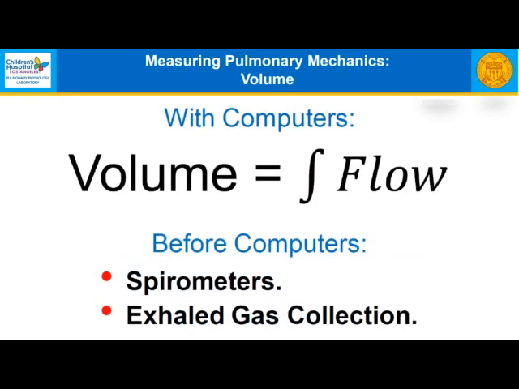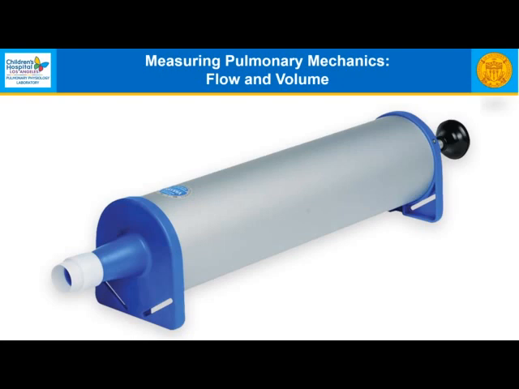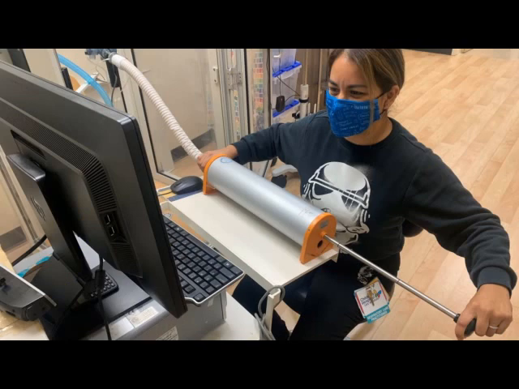With computers, volume essentially equals the integral of flow. Before computers, we used spirometers and exhaled gas collection, but fortunately now we don't need to do that. The way that we calibrate pulmonary function systems nowadays, that use computers and pneumotachs, is that we have a finely calibrated 3-liter syringe, as shown here, and we connect that to our system.